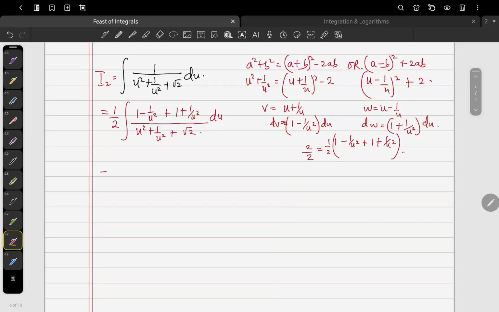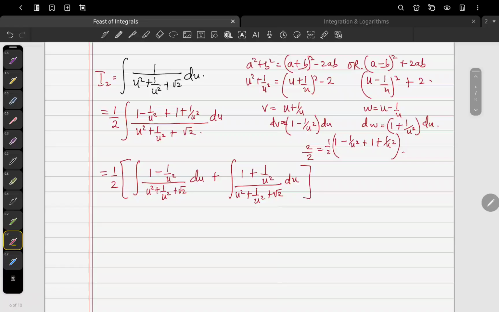So I can now split this into the integral of 1 minus 1 over u squared over u squared plus 1 over u squared plus square root of 2 du, plus the integral of 1 plus 1 over u squared over u squared plus 1 over u squared plus square root of 2 du.